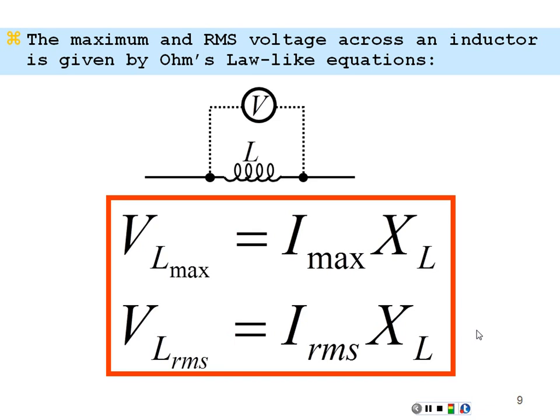But the current and the voltage happen at different times. We know from chapter 32 that when we first close a switch in a DC circuit, the voltage appears on the inductor because the current is changing rapidly at that moment, and the current hasn't even begun to flow. So the voltage across the inductor comes before the current in the circuit. And in this case, there's going to be a 90-degree phase relationship between the two.